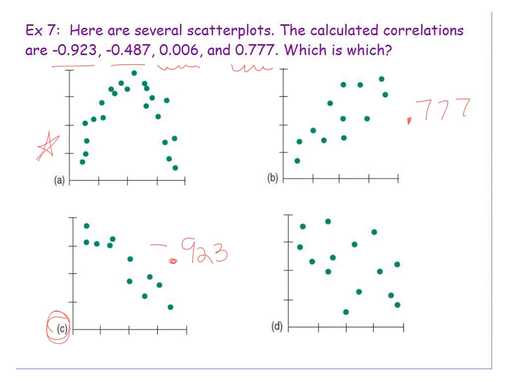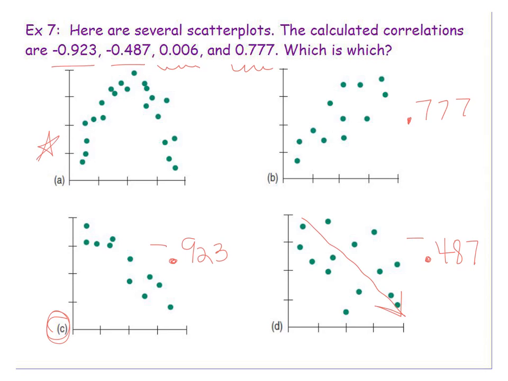Well, D, it's not curved, but it doesn't look the greatest. But the big question is, is it going positive or negative? This is going downward. So the only negative one that's left that we haven't used is the -0.487. Remember we said anything below 0.5 is weak. So this is weak. That leaves us with A.